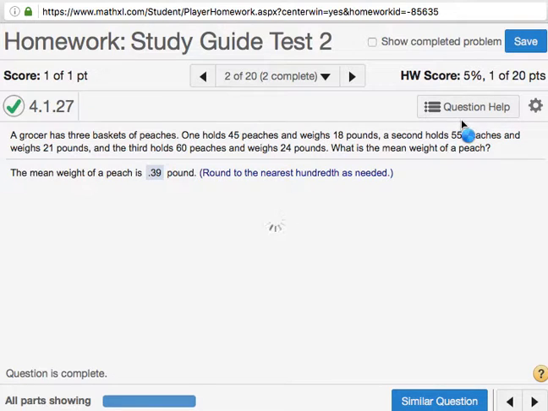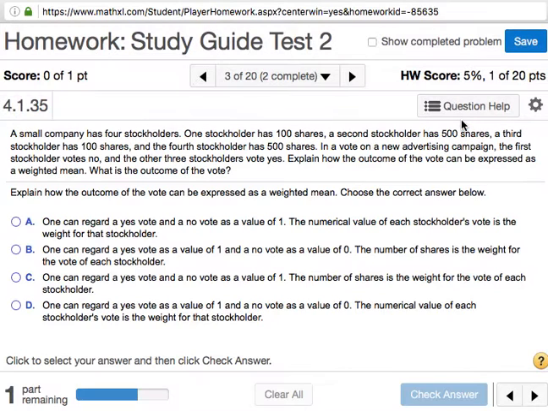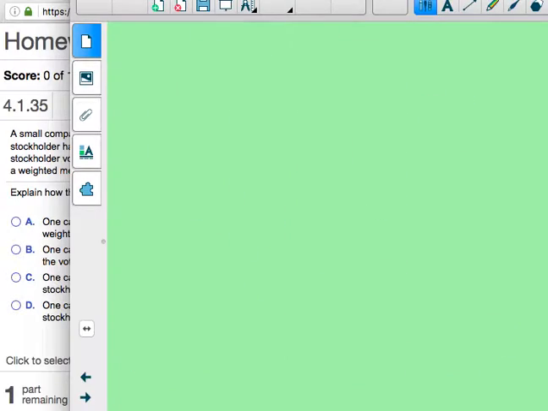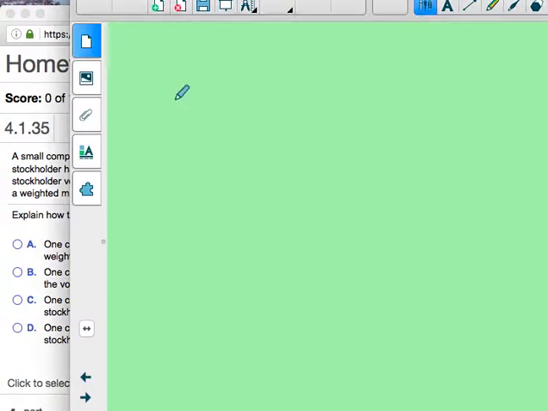This test is due, the due date is the 19th, which is Saturday. So if you're doing it at the testing center, make sure that you have scheduled by Saturday, November 19th.